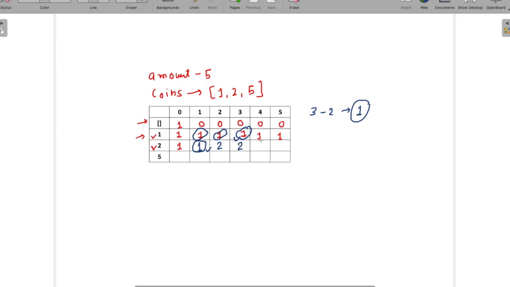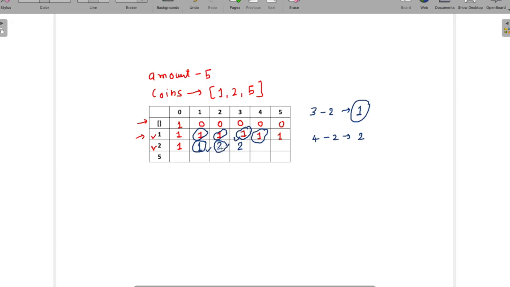Same goes over here. So here 1 plus, what all possibilities can we apply with the denomination 2 also. So 4 minus 2 is going to be 2. Go back to index 2, what all possibilities with the 2 we can make, that is 2.